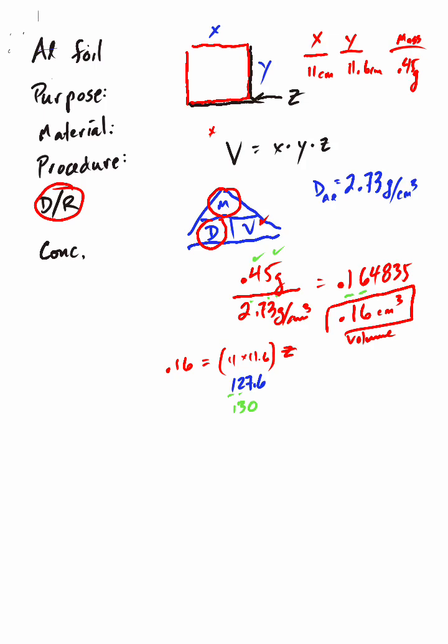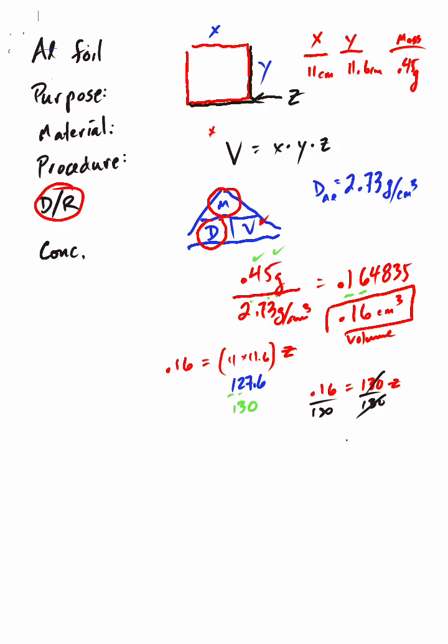All right. Now, if I rewrite this equation just so we can see it more clearly, it now looks like this: 0.16 equals 130 z, and I have to solve for z. So I'm going to divide both sides by 130.